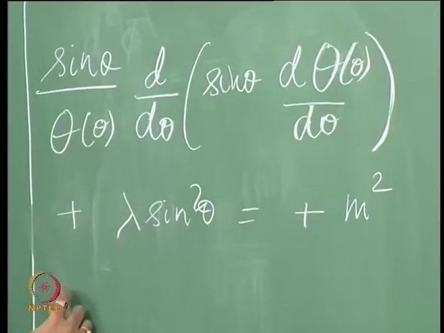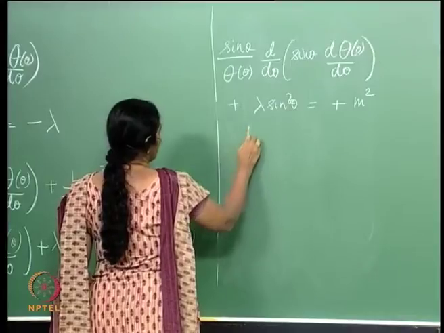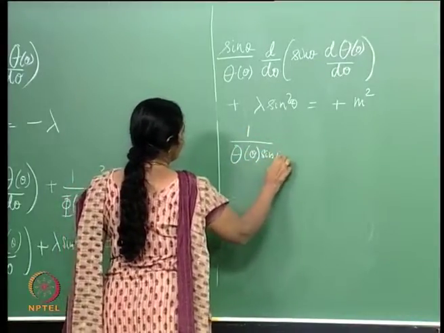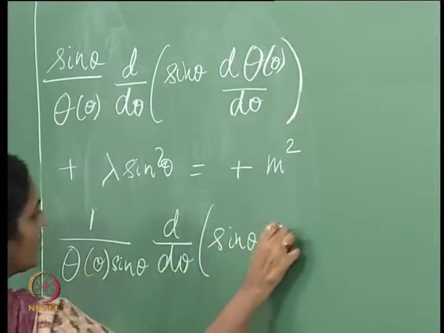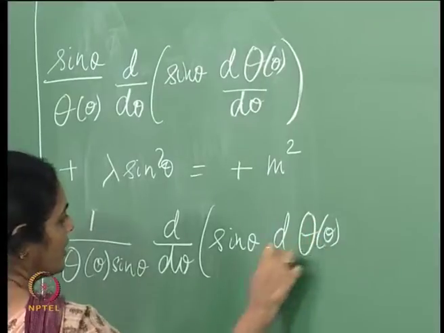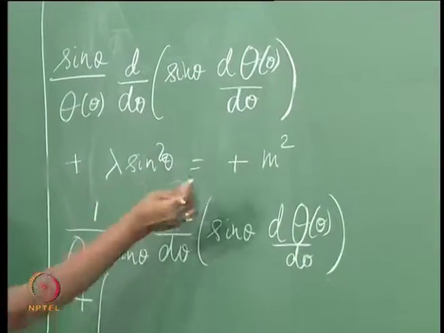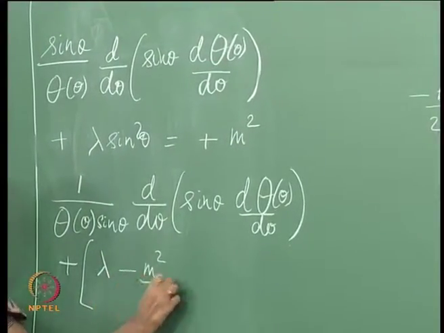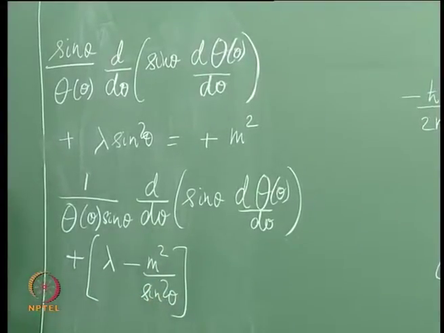Divide by sin squared theta first. So, I have 1 by theta of theta sin theta, d by d theta of sin theta d theta by d theta, that is the first term, plus, bring everything to the left hand side, lambda minus m squared by sin squared theta equals 0.